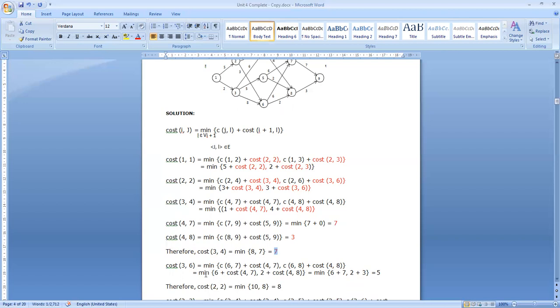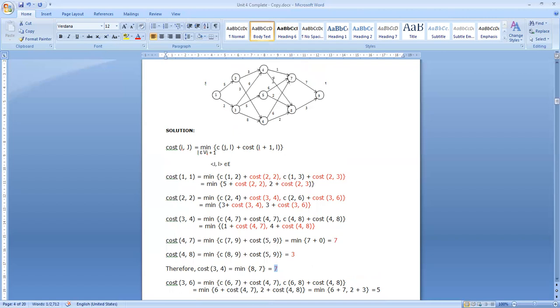So C of 6 7 is 6 here. So 6 plus cost of 4 7. This you have to find.